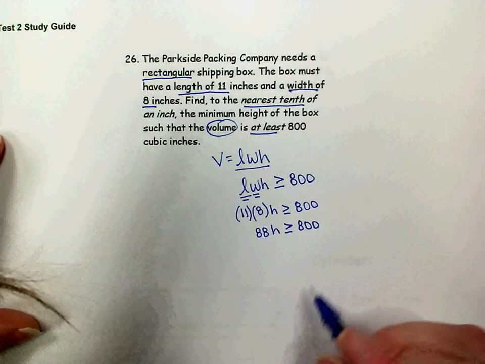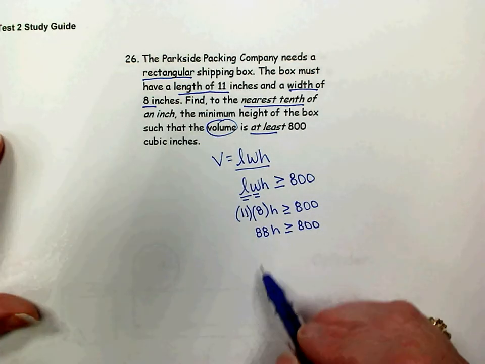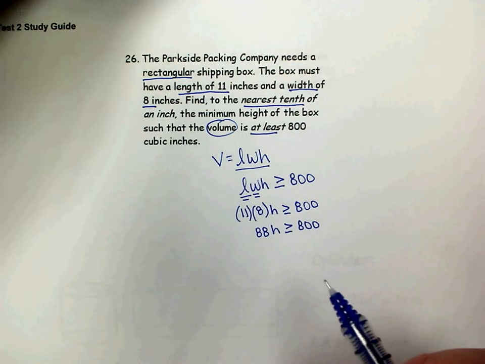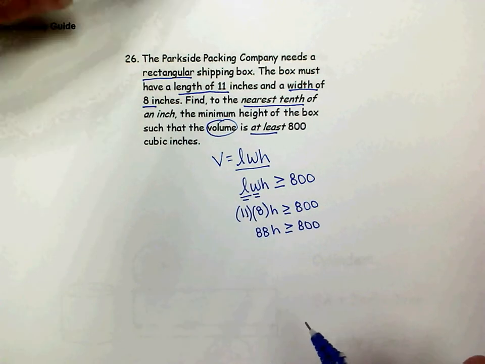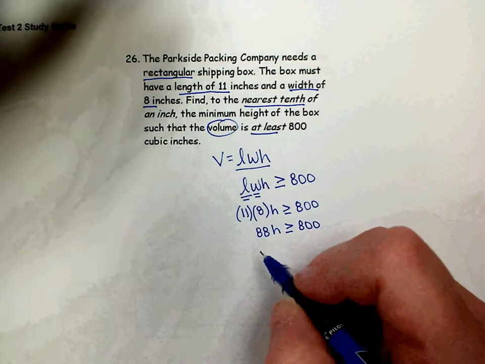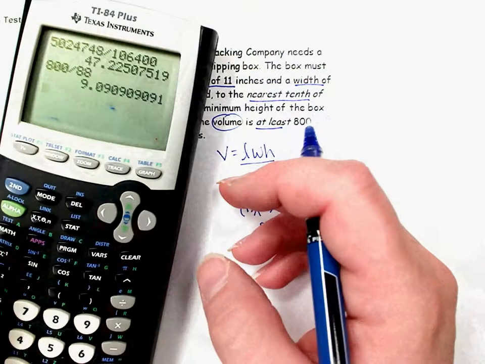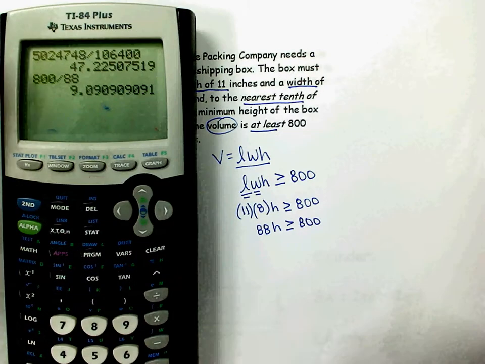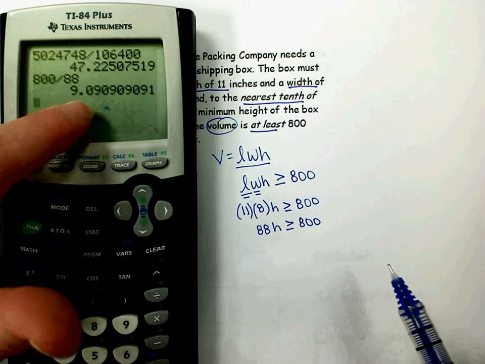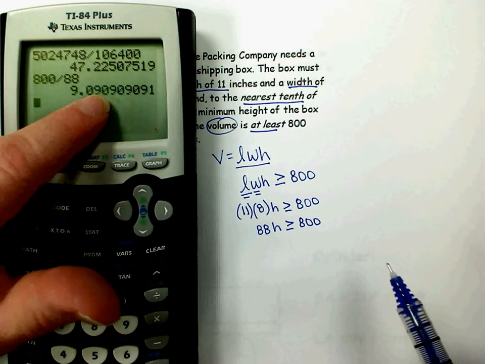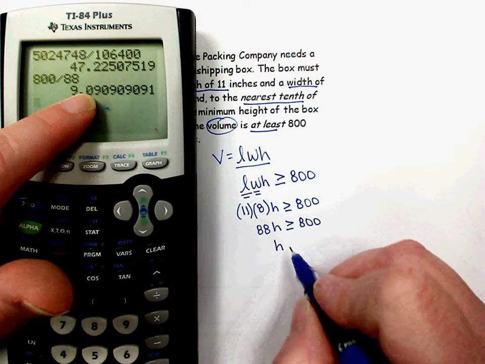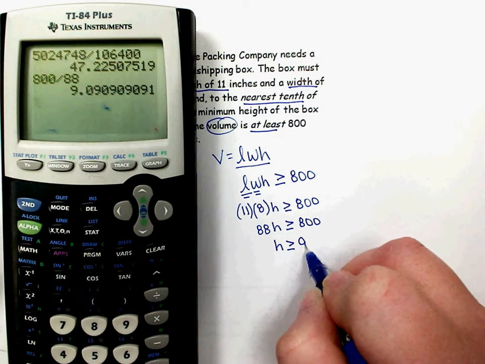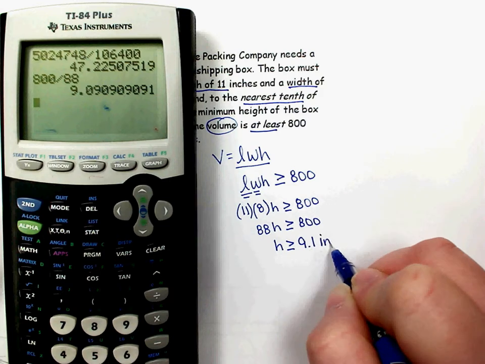Since we just have one variable, the h, I can solve for h by dividing 800 by 88. And my answer as a decimal is 9.09090 repeating, but we're rounding to the nearest tenth, so that 9 makes that 0 a 1. So my height has to be greater than or equal to 9.1 inches.